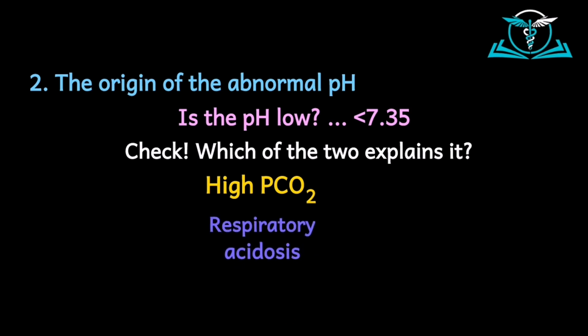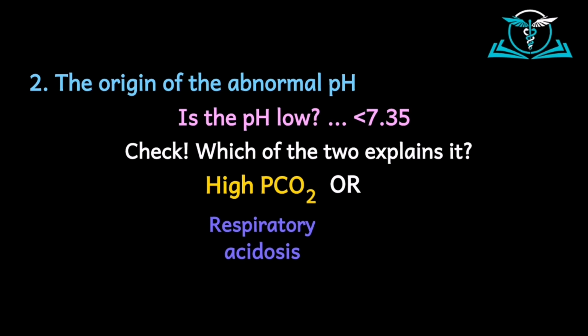Now, bicarbonate ions are basic, and so they can only rationally explain a low pH when their level is low. If, for example, the level is high in a picture of acidemia, then it does not rationally explain a low pH.